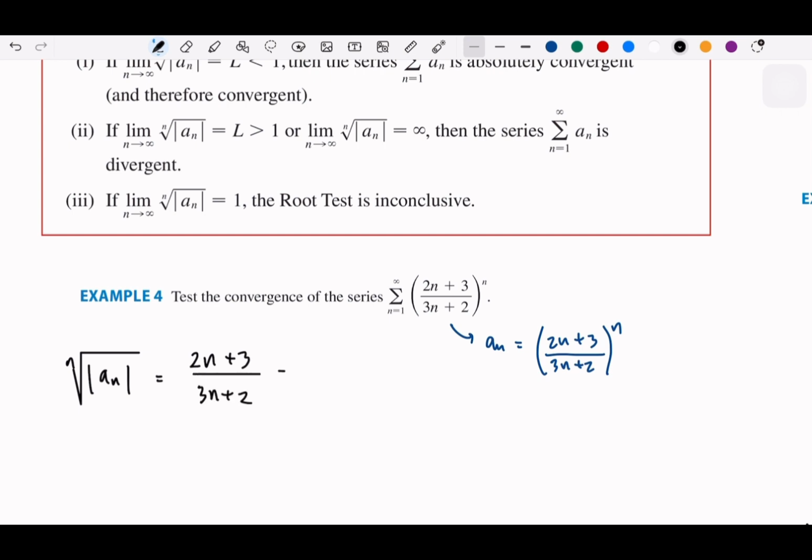If we divide all by n, we have (2 plus 3 over n) over (3 plus 2 over n). And we take the limit, which results in 2 over 3.